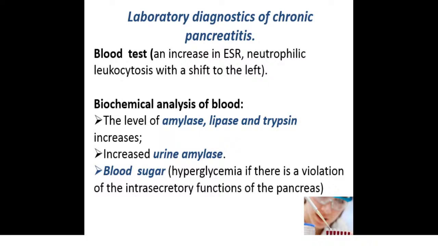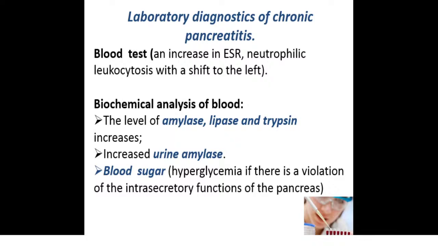Well, if we do laboratory diagnostics of chronic pancreatitis, in the blood we can determine a change in the leukocytes, increased leukocytes and a shift to the left. But if the patient has chronic pancreatitis, in the common blood analysis we cannot see this change.